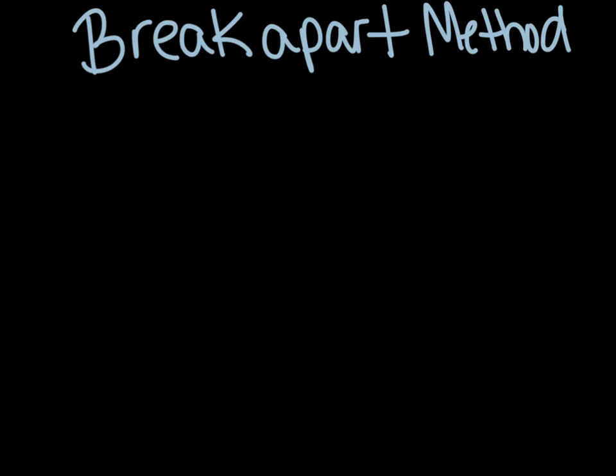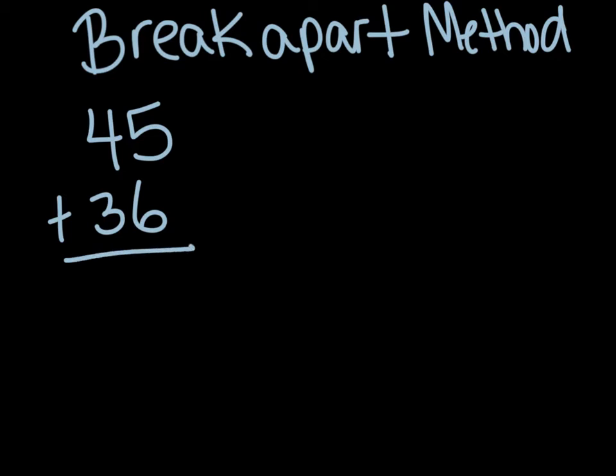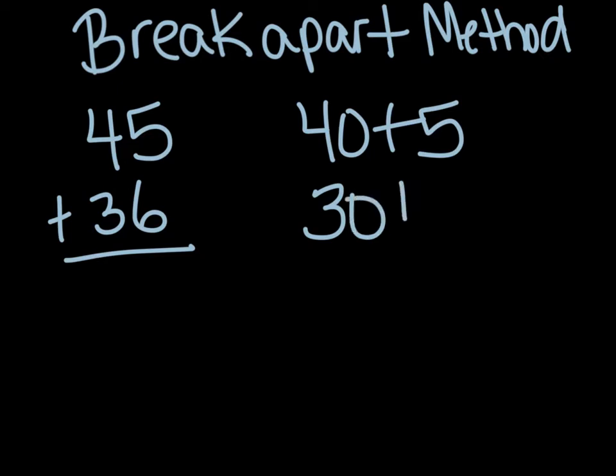Okay, so let's apply what we just learned about base 10 to addition. I'm going to show you one strategy called the break apart method. It's going to fit right along with the place value stuff we learned because we're going to use expanded form. So if I want to take an addition problem like 45 plus 36, I'm going to break this number apart and write it in expanded form. So 45 in expanded form is 40 plus 5. 36 in expanded form is 30 plus 6, and then I'm going to add these together.